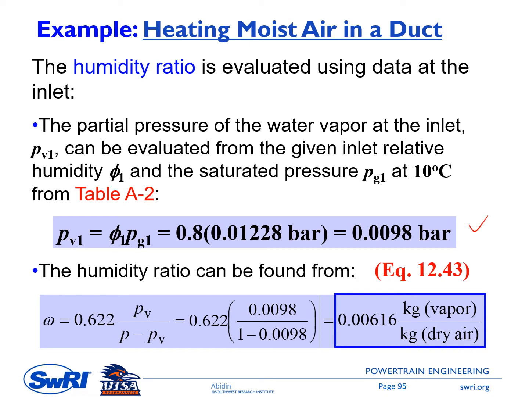And then once we have p_v1, we can calculate omega 1 using equation 12.43, this formula. So we get omega 1 of 0.00616 kilogram vapor per kilogram dry air, and this omega 1 equals omega 2.